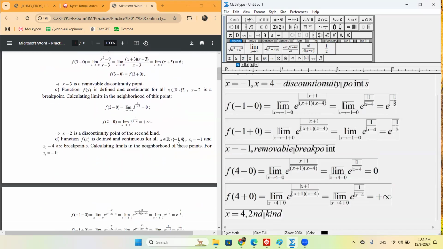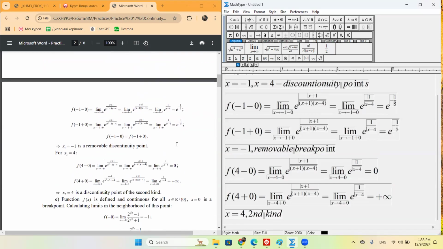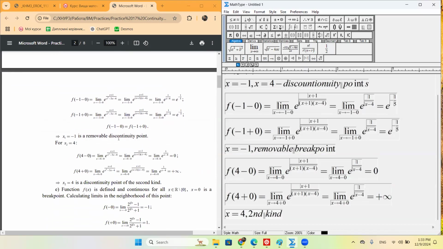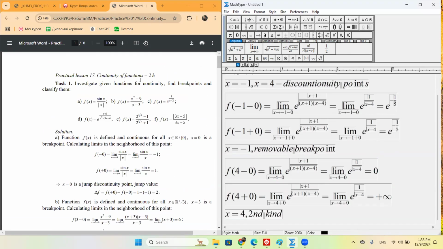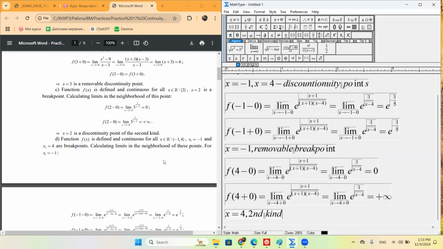Basically there is no explanation here, just a solution with minimum explanation, so I will try to add some theory here if I have time.